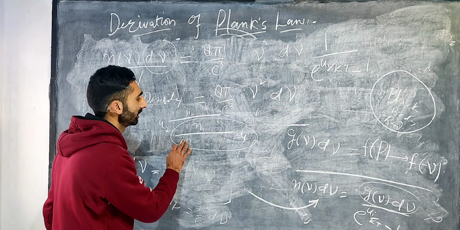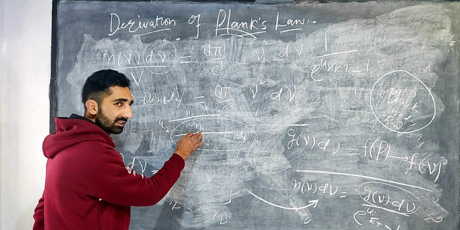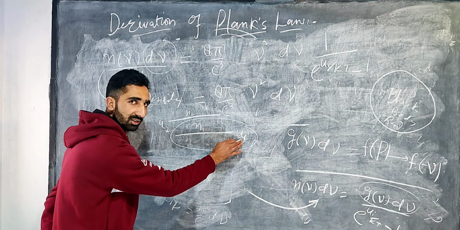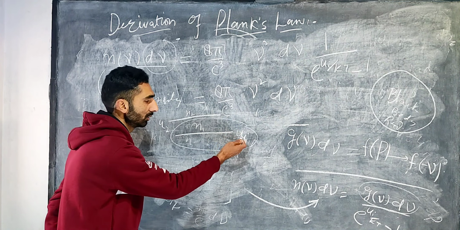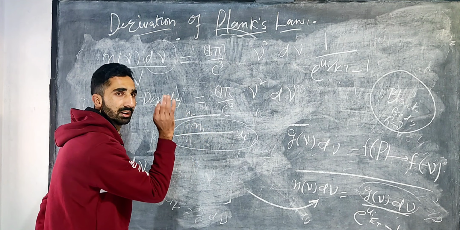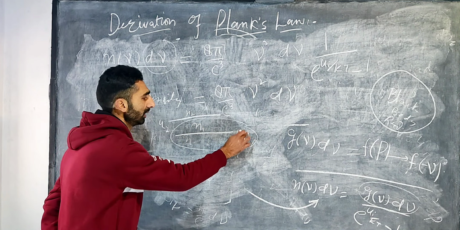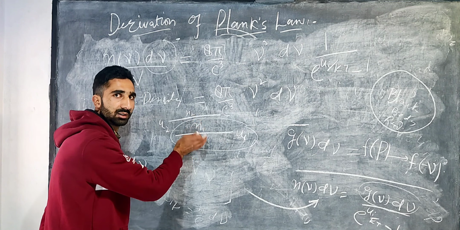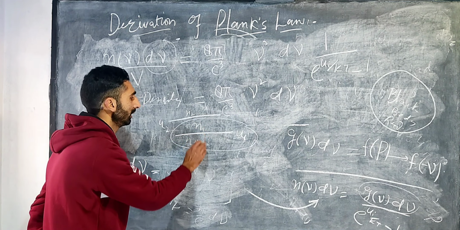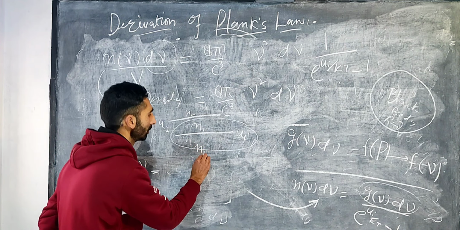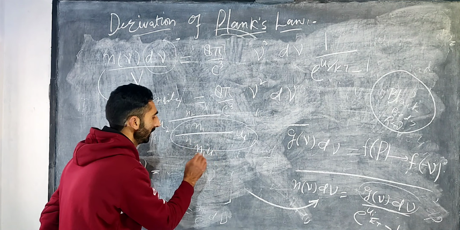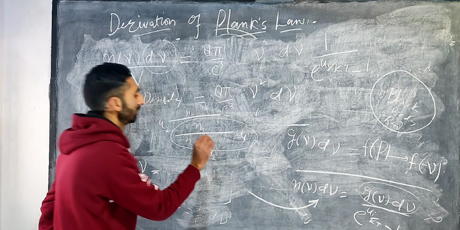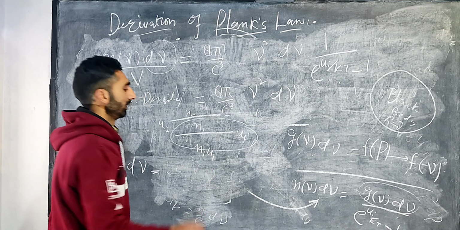The total energy of this state, with each particle having energy u1, and the total number of particles inside this state being n1, will be n1 times u1.